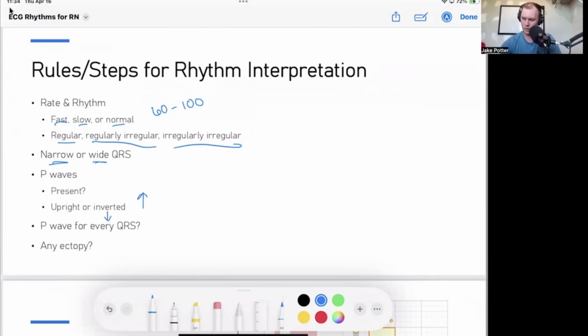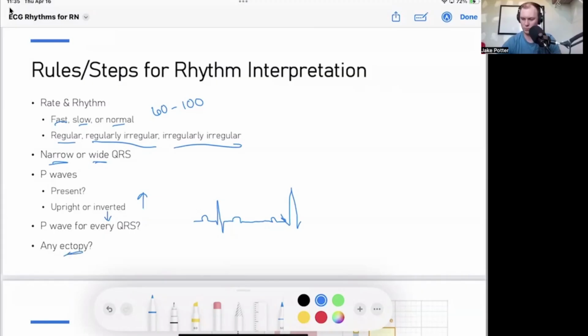You come here, you have your P wave, your QRS, and your T wave. And then do you have another P wave before your QRS? It's a bad drawing, but basically, do you have a P wave before every QRS? If you don't, or if they're mismatched, then that's a whole different rhythm that gets into blocks and stuff, which we'll touch on.